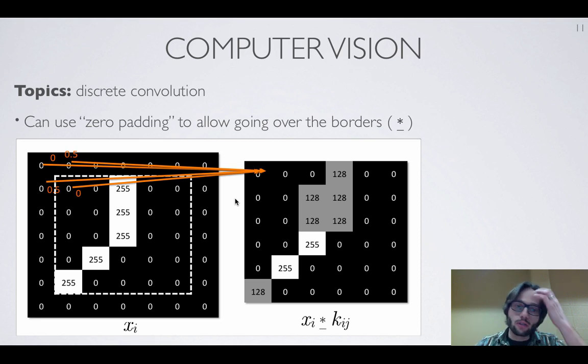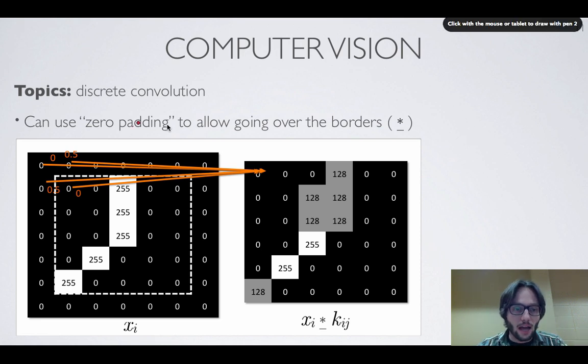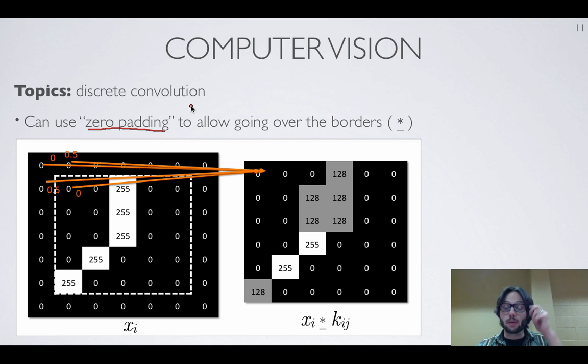A final notion related to convolution is the idea of zero padding. It's going to be useful in particular when we talk about computing the gradients, when we're going to be deriving the procedure for computing gradients with respect to some loss, for instance the classification loss that we've been using in regular neural networks.